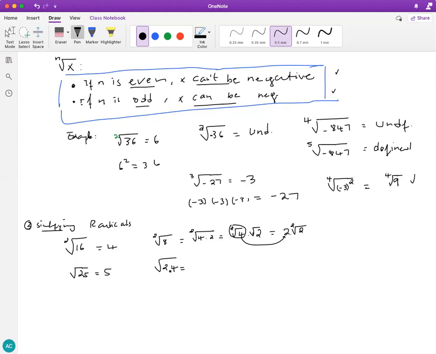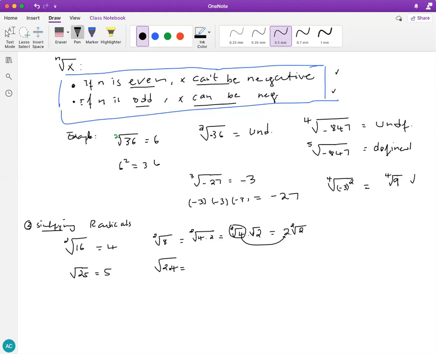So since 24 doesn't have a perfect root, what do you do to simplify this? What do you do to simplify the 24? 12. That's right, we can break this down. 12 multiplied by 2.